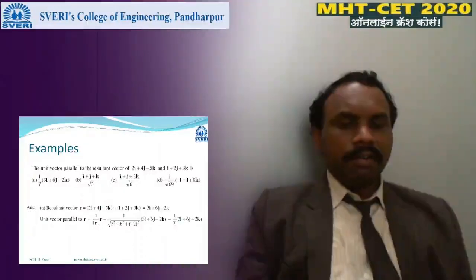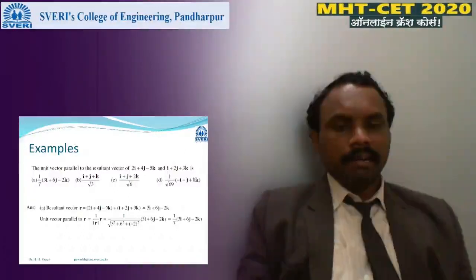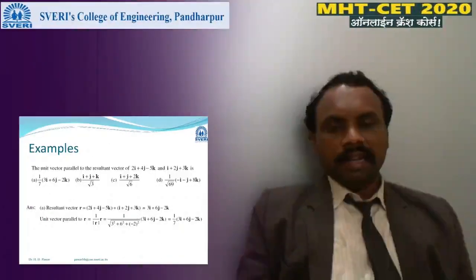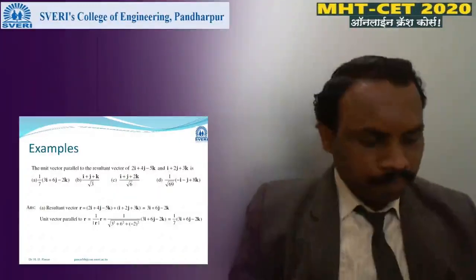Hence the unit vector which is parallel to R is obtained by R divided by modulus of R, which gives us 1 by 7 into 3i plus 6j minus 2k, which is as in option A. Hence here option A is the correct answer.